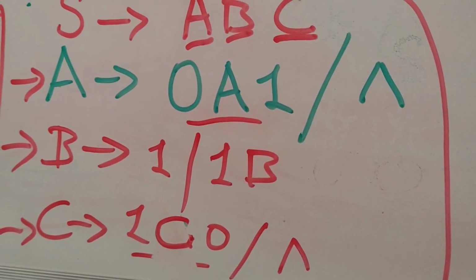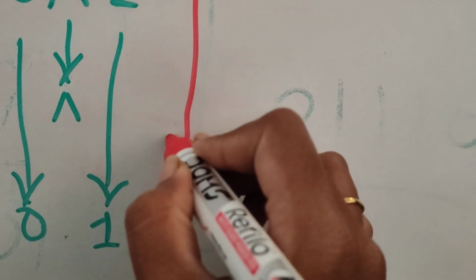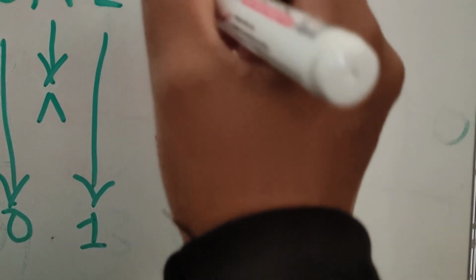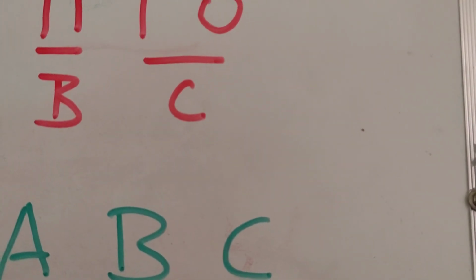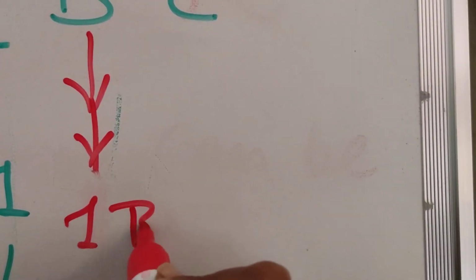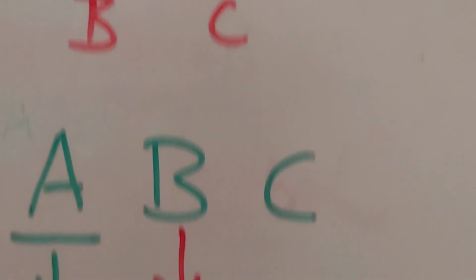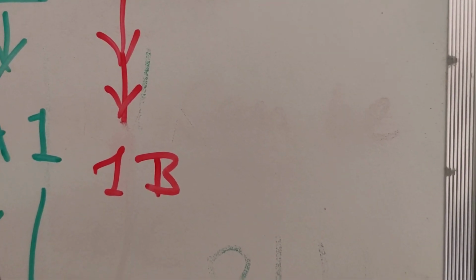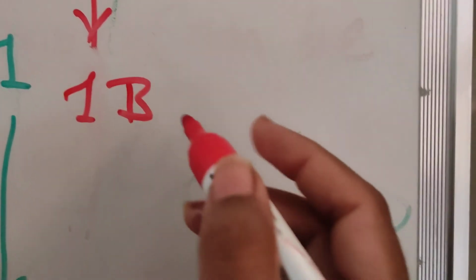So from B I can take 1B, from B I am taking 1B. Now in B I wanted 2 times 1, so here 1 time 1 is there. Now next time again I want to derive B.